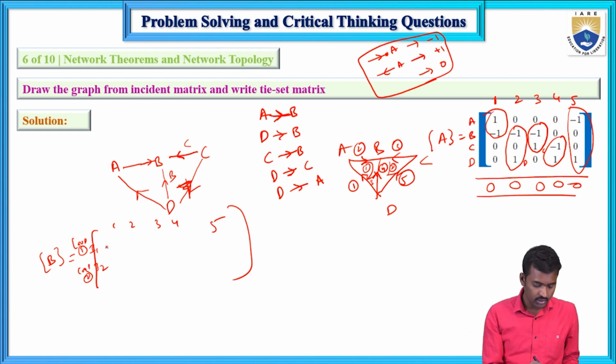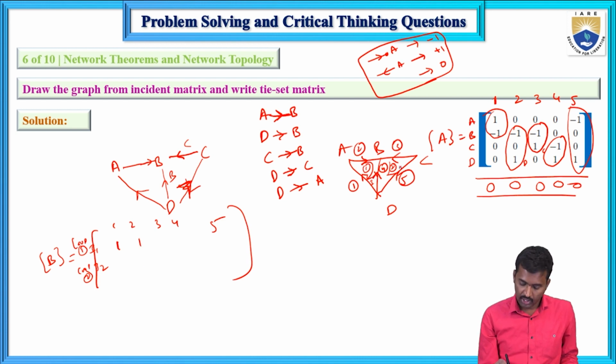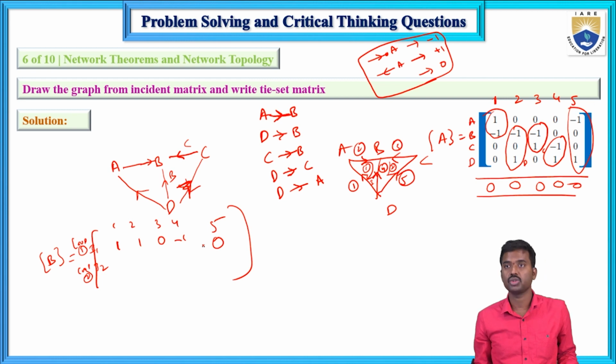So branch 1 is in the same direction, 1, and branch 2 is in the same direction, 1, and branch 3 is not associated, 0, and the 4th is opposite direction, -1, and the 5th is not associated.